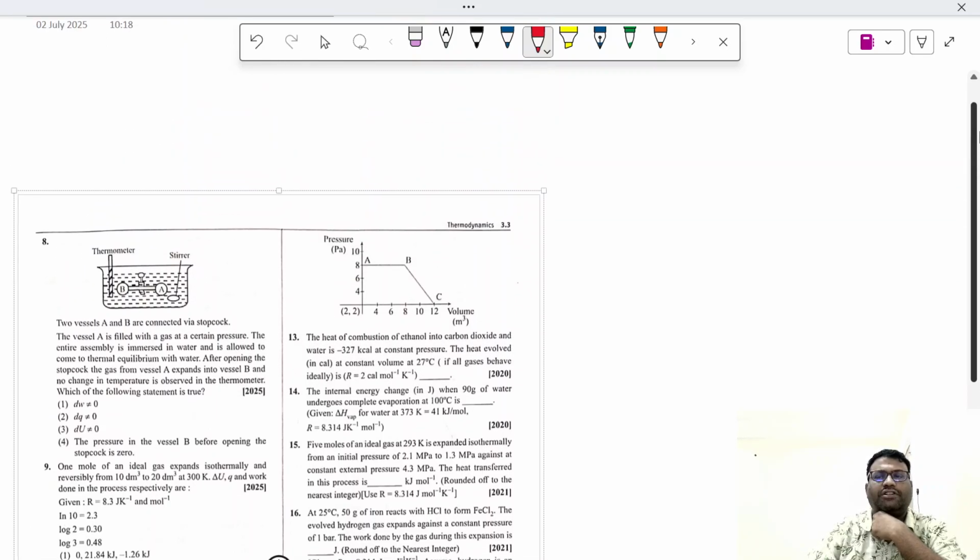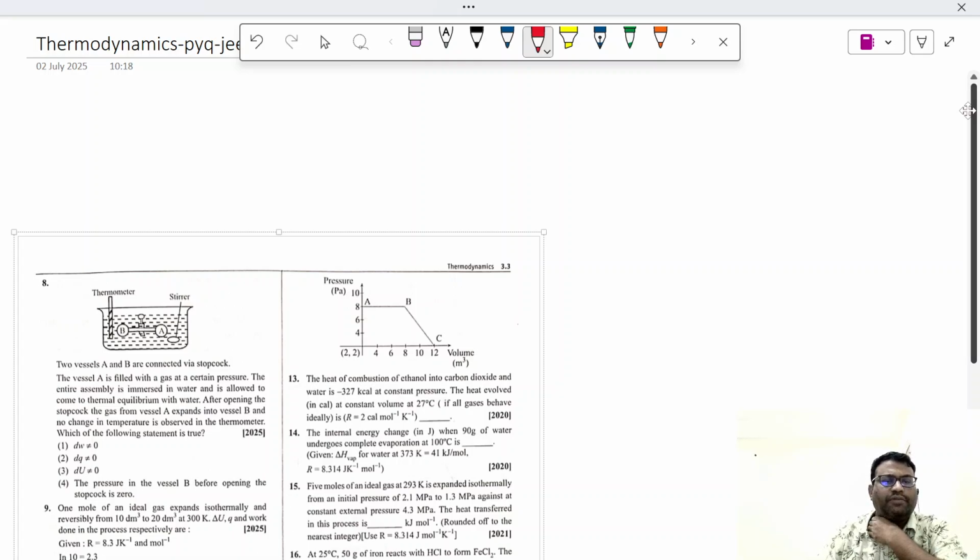Why are we mentioning that it is by the gas? Because here the initial volume is 2 and the initial pressure is also 2 at this point, right?